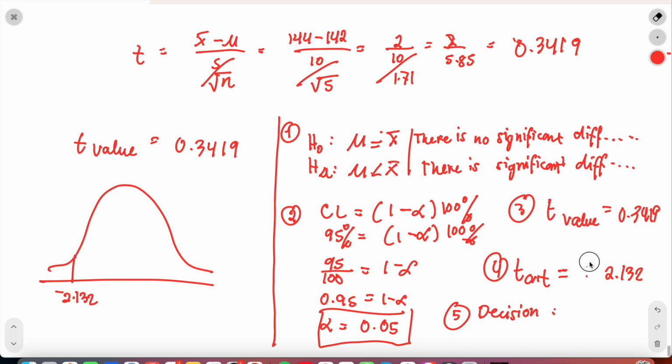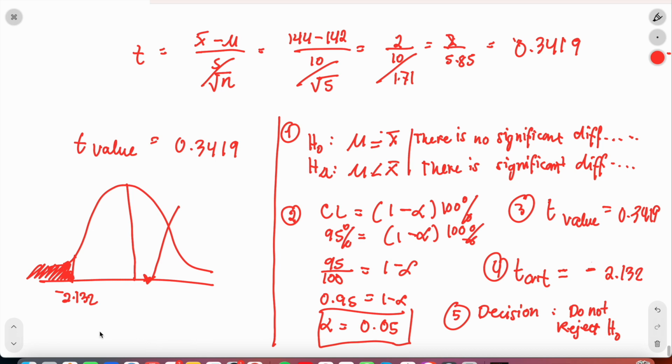So this shouldn't be it. Since it's left-tailed, it's negative 2.132. So this is the rejection region, and we know that 0.341 is somewhere here. So the decision is, do not reject H0.